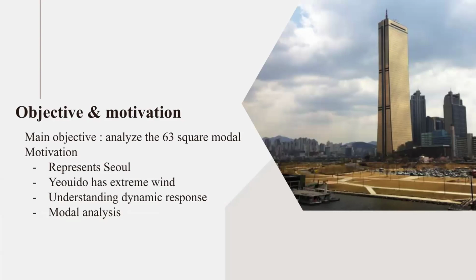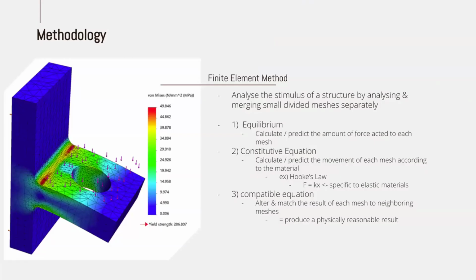this dynamic response. To analyze the 63 building, we use the finite element method, which is used to analyze the behavior of a structure by analyzing and merging small divided meshes separately. First, using equilibrium, we calculate and predict the amount of force acted on each mesh.